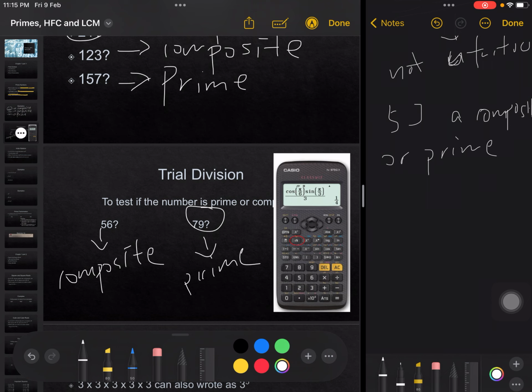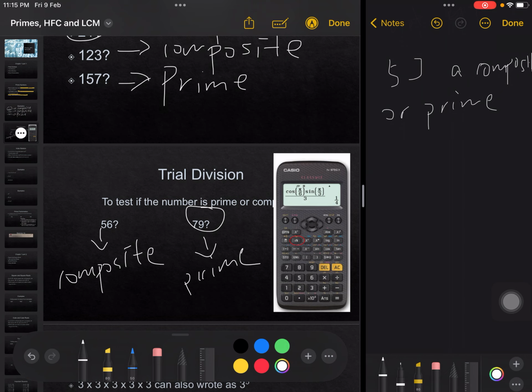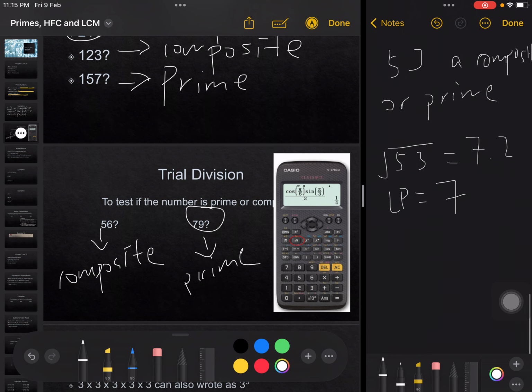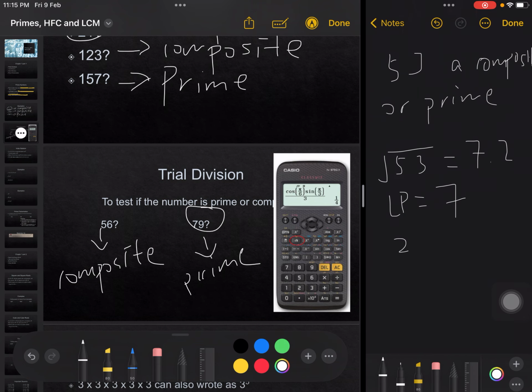Again we use trial division. So what we do is we take the square root of 53 first. The square root of 53 is 7.2. So the largest prime again is 7, LP. The prime numbers between 2 to 7 are 2, 3, 5, 7.